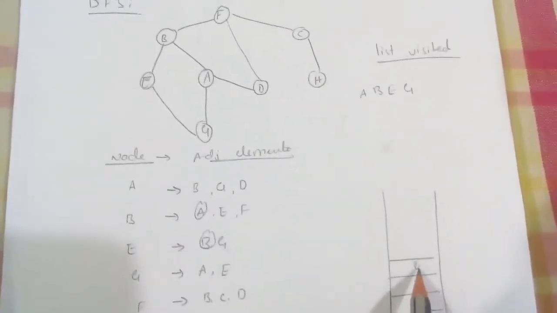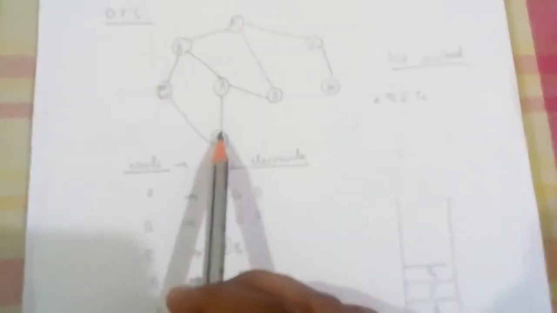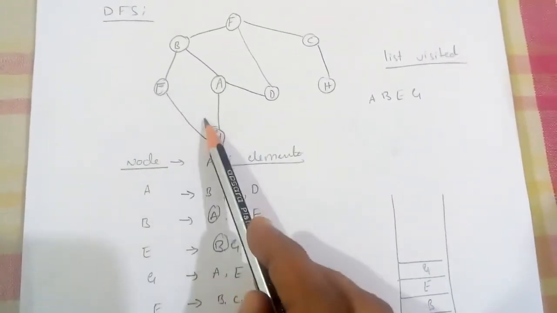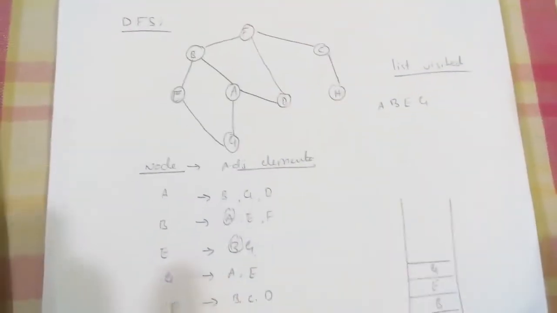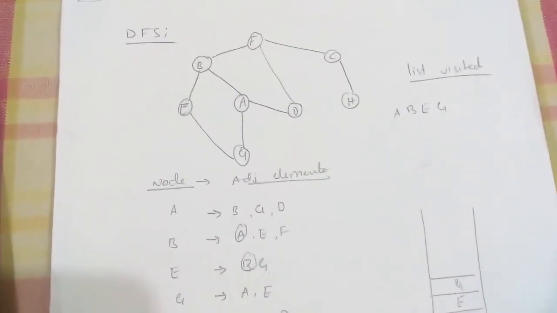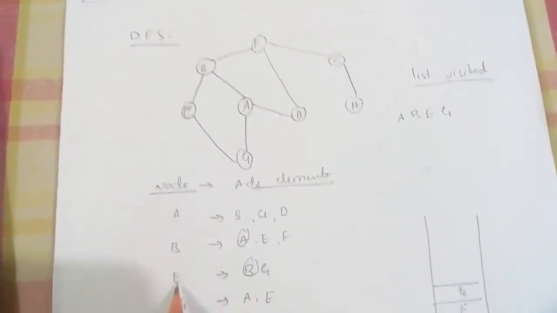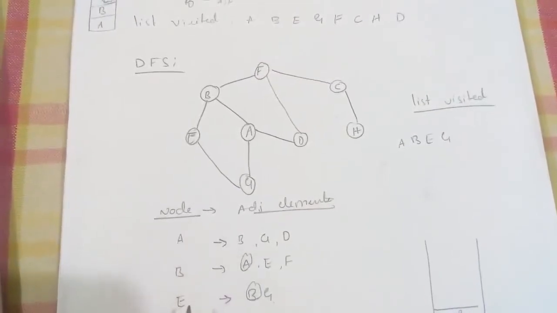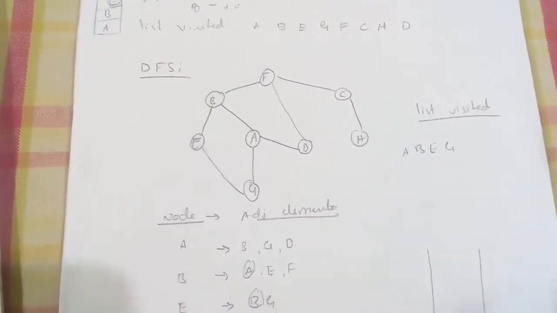Next, G is on the top of the stack. The adjacent elements of G are A and E. It is clearly observed that nodes A and E are already visited.